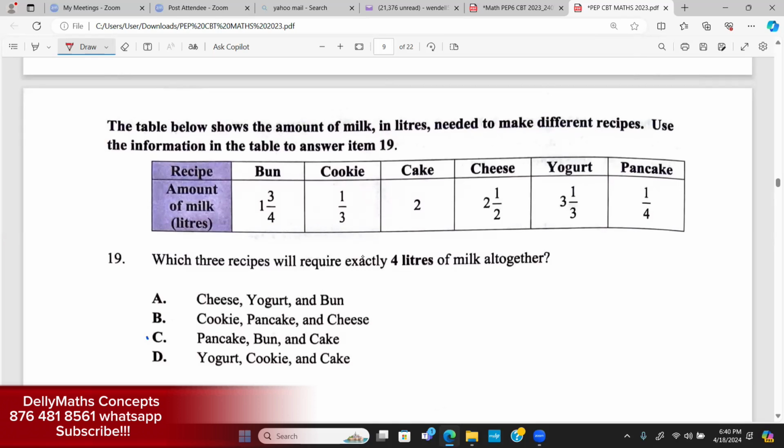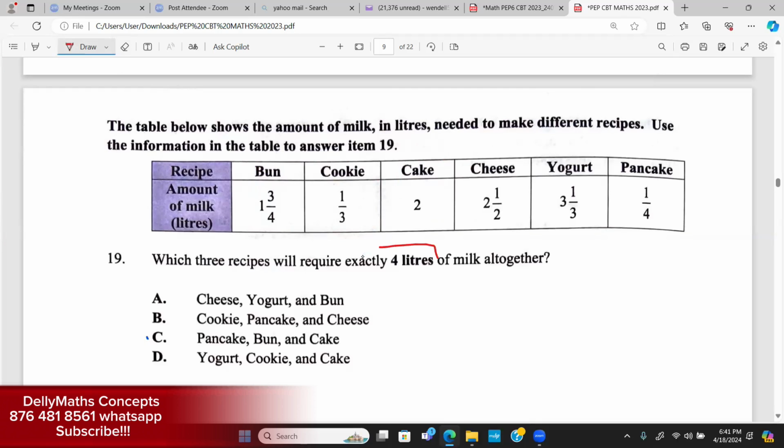For example, to make bun, you need that amount of milk, 1 1/4; cookies, 1/3; 2 for the milk. And we're talking about liters. 2 1/2 for cheese, 3 1/3 for yogurt. Pancake is actually 1/4. So the question is, which recipe here would require 4 liters of milk?